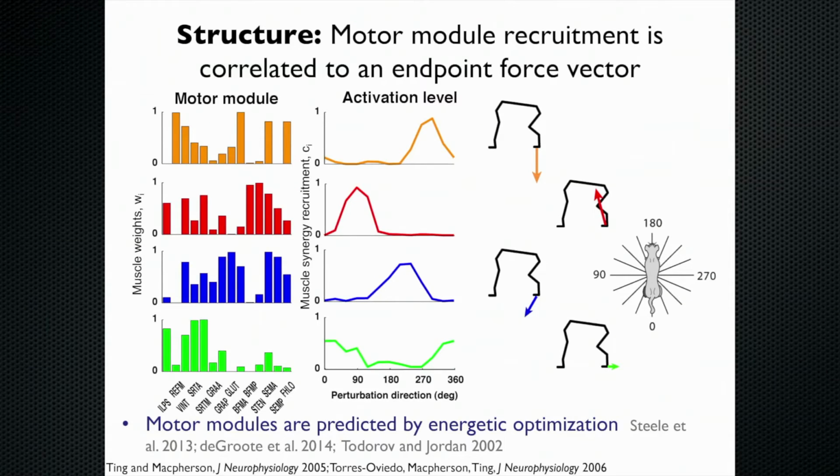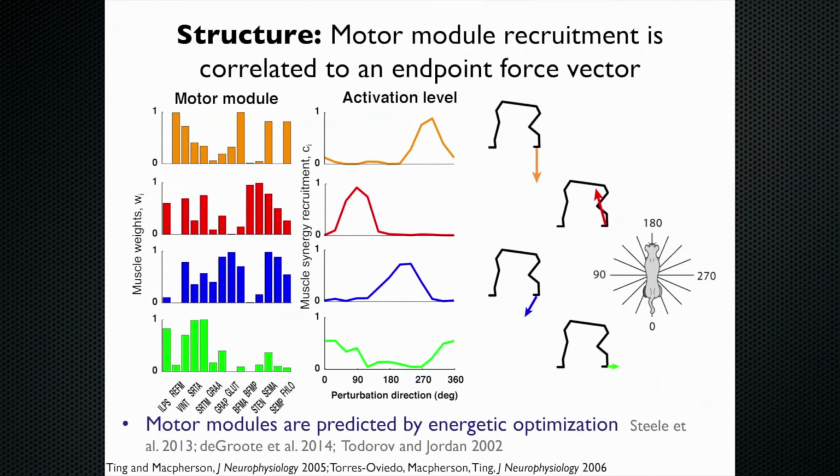So what does that actually look like when we think about it? Here is a figure demonstrating what I call motor modules or muscle synergies on the left, when a cat is standing on the platform like I showed you, and we move the platform in different directions in the horizontal plane, and we study the structures that are consistent across all of those different directions that the animal is falling, right?